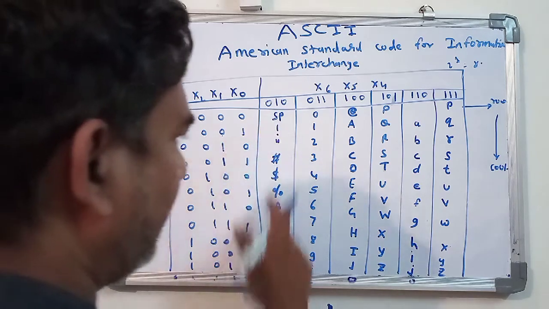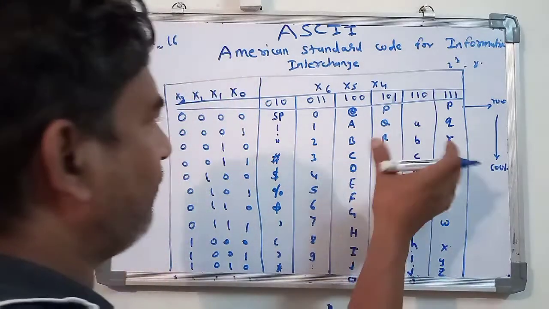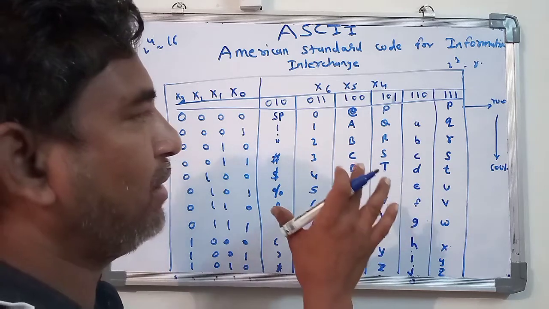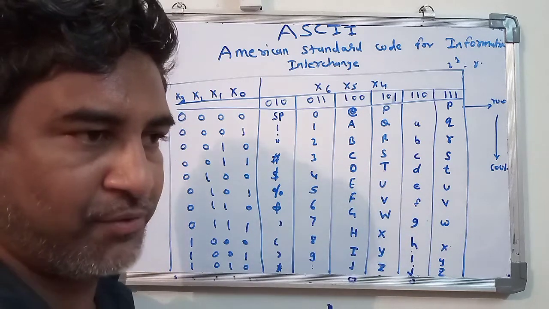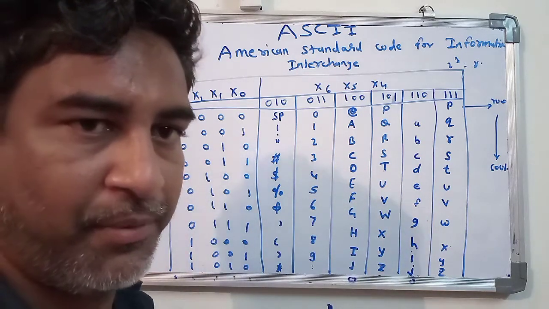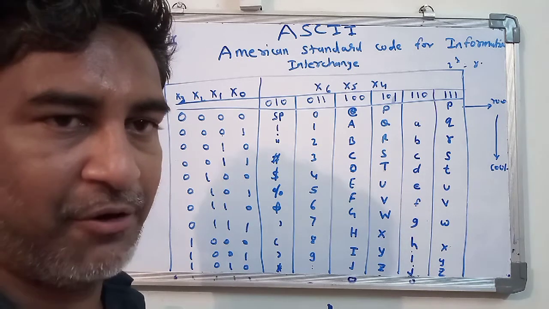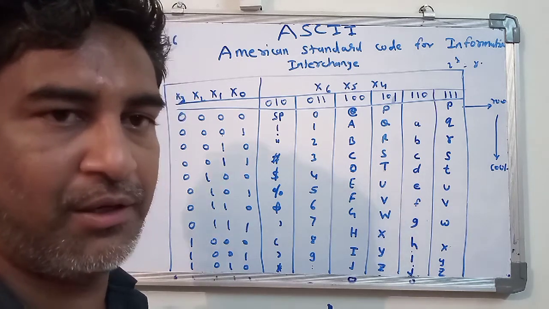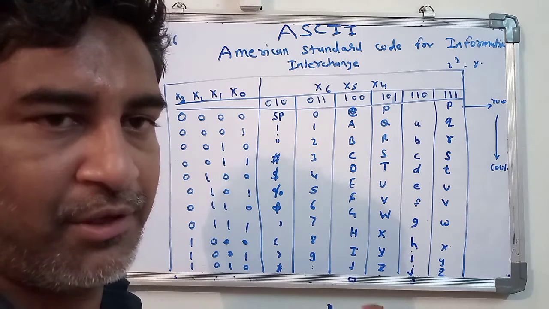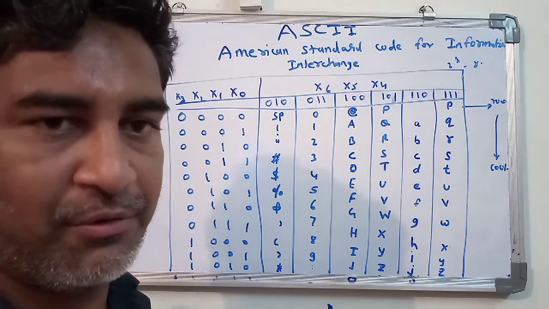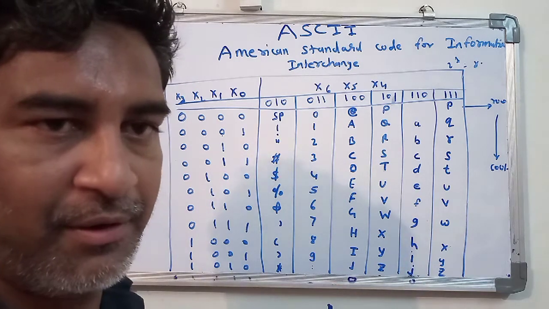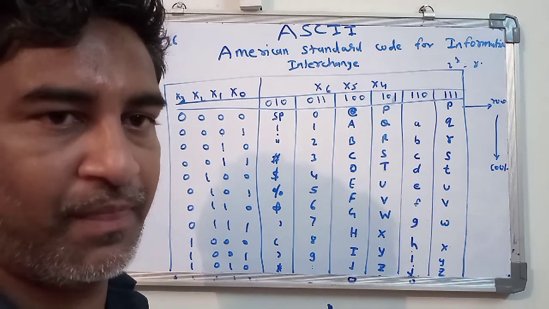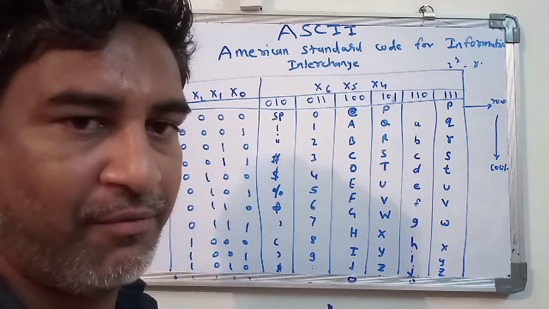So this is the particular table from where you have to take out the values. Whatever operation the computer performs, you have to study how the number gets converted into ASCII, and how it is displayed on the monitor in a human understandable format.